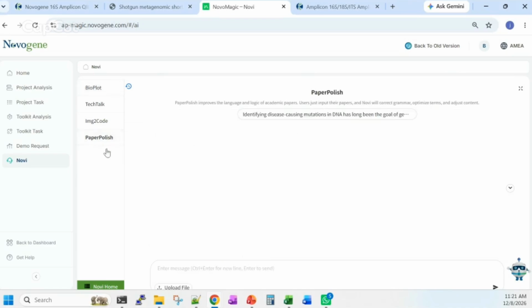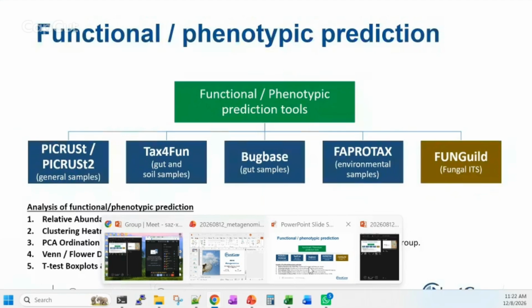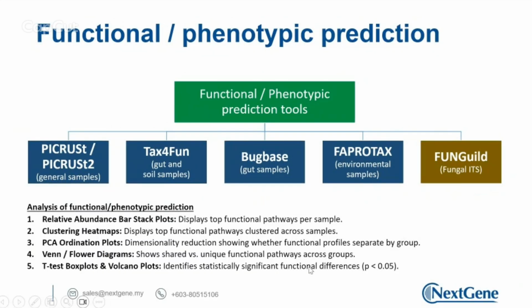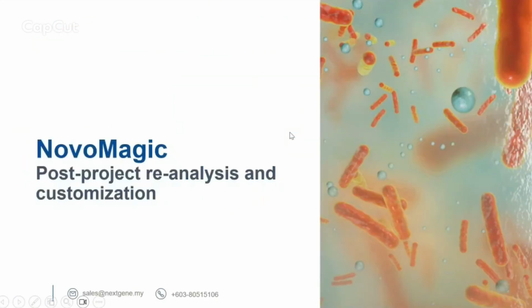It also has an agent to help with paper polishing. Feel free to try it if you have projects working with Novogene or NextGene. At the moment, I think there's no additional charge for these platforms if you need to redo certain analyses or customize your own analysis.